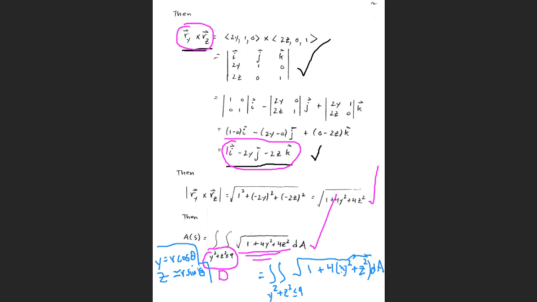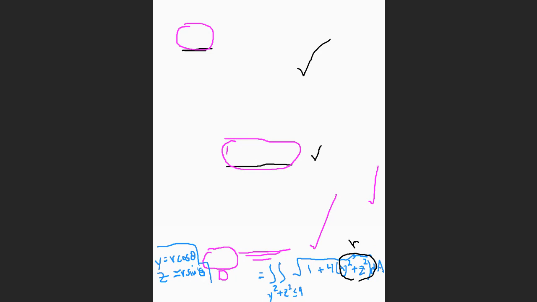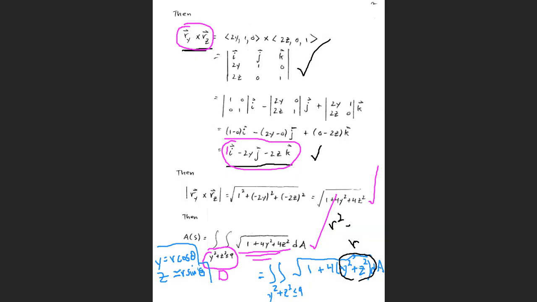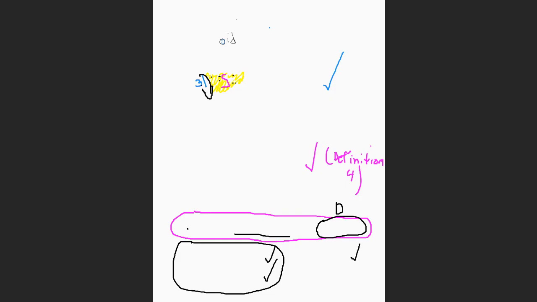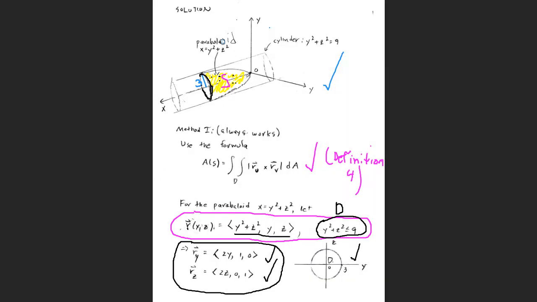And that means y squared plus z squared would equal r squared, because r squared is y squared plus z squared.